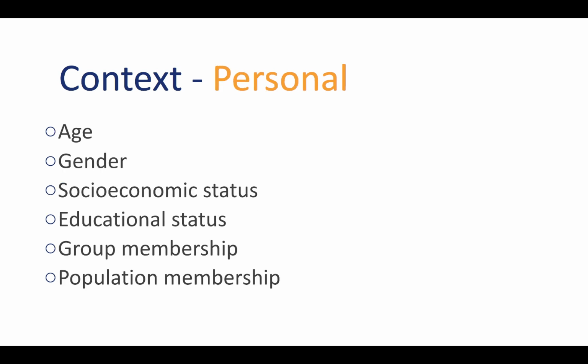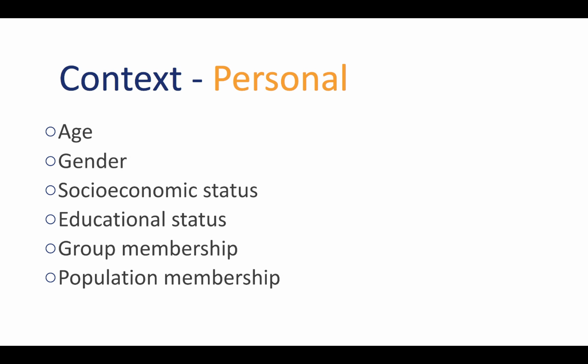The next is personal context. These are features of an individual that are not part of their health condition or health status. This looks at age, gender, socioeconomic status, educational status, group membership, and population membership. I'll give you a few examples of my personal context. I am married. I am a female.